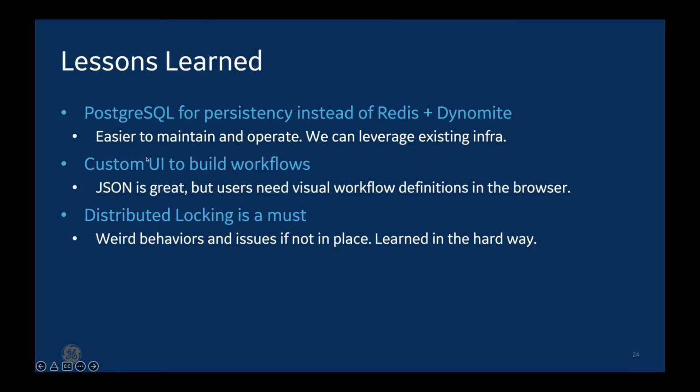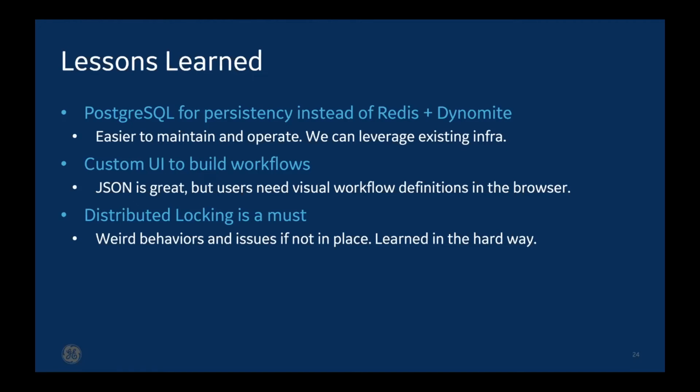Another thing we learned, and we learned this the hard way, is that a distributed lock is a must. If you run Conductor for a simple use case, where we don't have much load, that's fine. But when you put this under huge pressure, with huge loads, we saw some weird behavior, especially in terms of consistency.